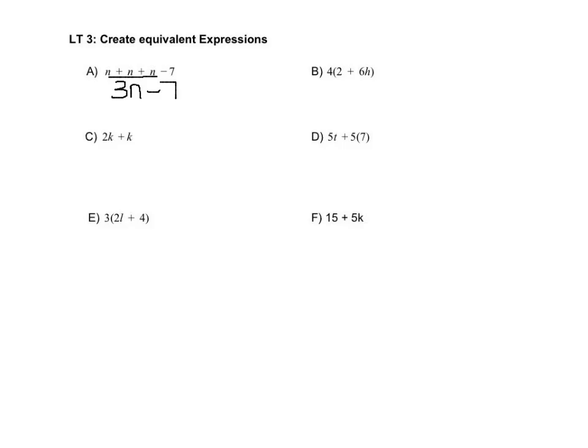For part B, I have parentheses, and notice that there is a number sitting outside my parenthesis. That should automatically kind of trigger this idea to need to use distributive property. So I'm going to distribute or share what's on the outside with what's on the inside.